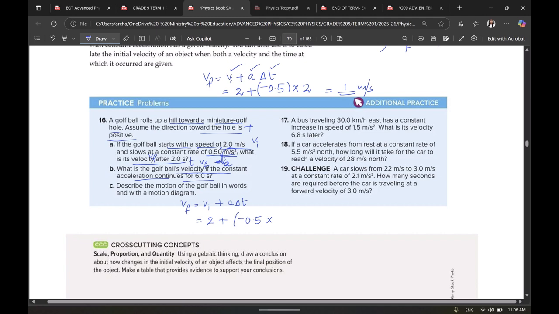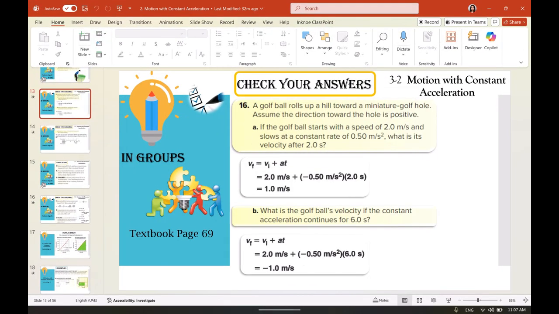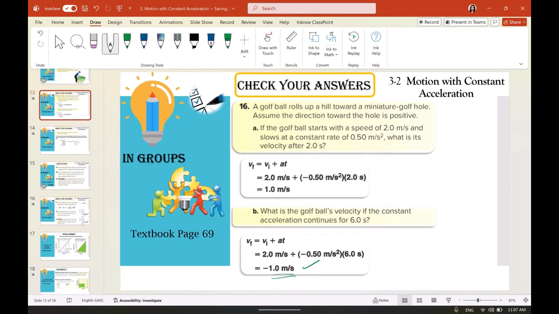So minus, it is slowing down. How much is that? Use the calculator, and you should be able to get the final answer, which is minus 1 meter per second. Hope you got it like that. Please check your answers.